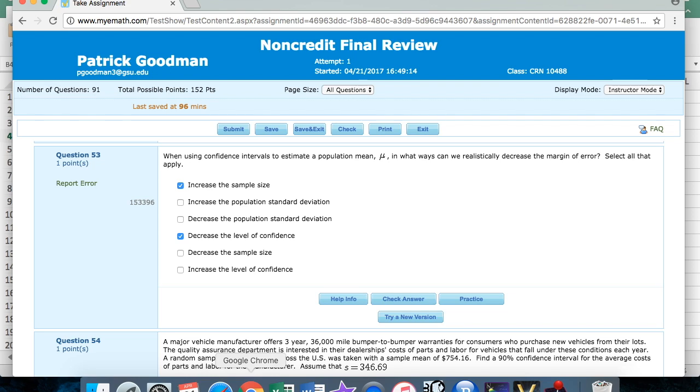Let's go out and blow up 500,000 of them. Then we can change our population standard deviation, right? That's not good. Blowing up people is never a good idea. So that's why it says realistically decrease the margin of error. Changing your population standard deviation is unrealistic unless you are fine with breaking the law.